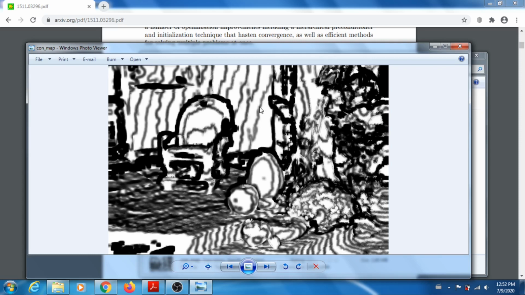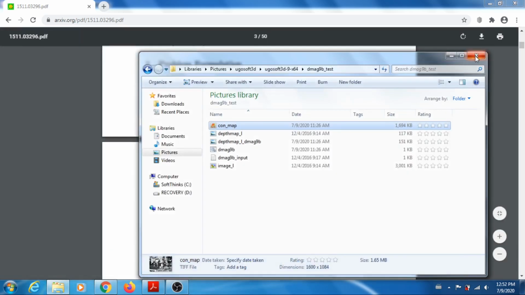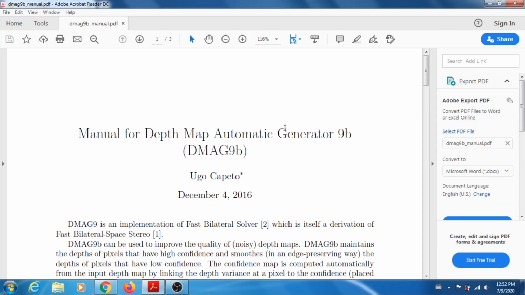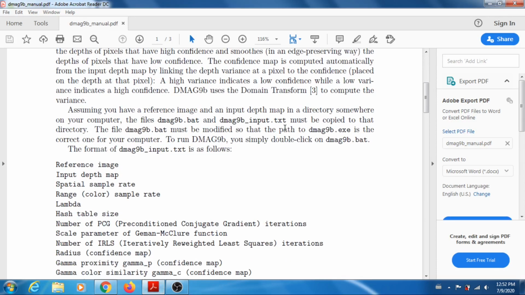I mean, to control the width of those black lines, you have to play with the parameters, and those parameters are explained in the manual. I mean, you can look at it.